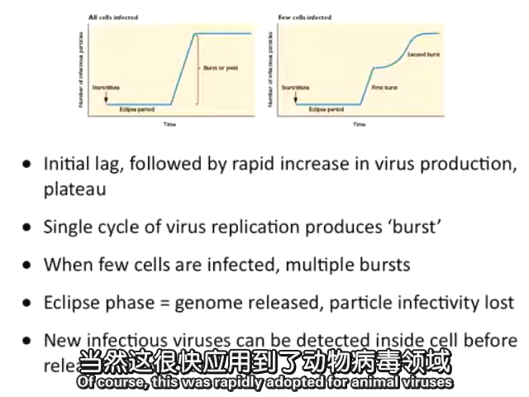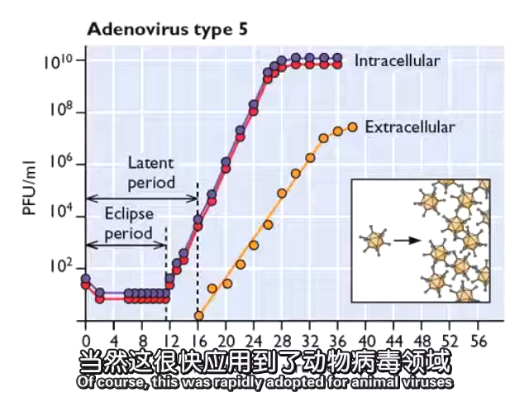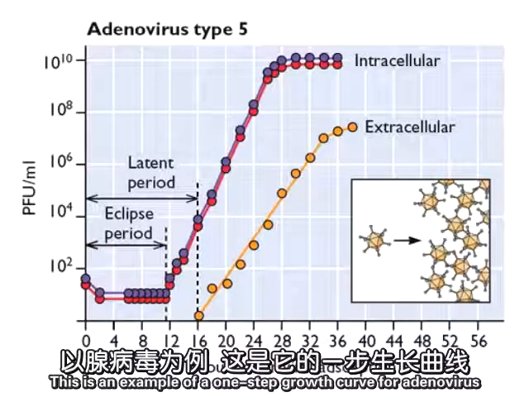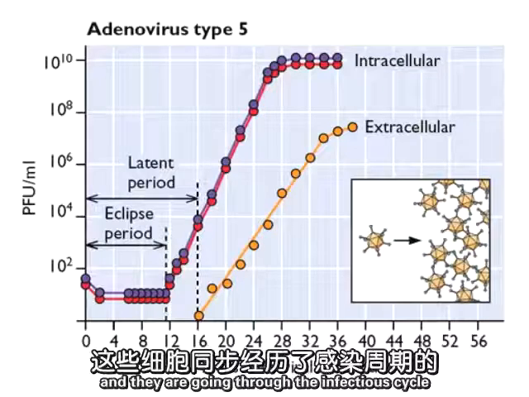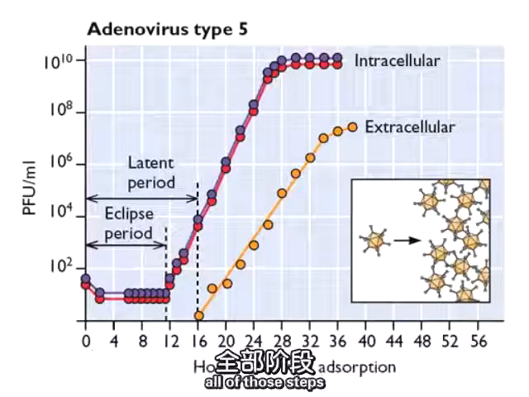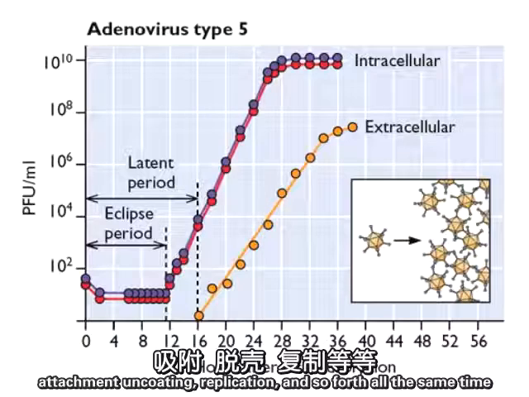Now, of course, this was rapidly adopted for animal viruses, and this is an example of a one-step growth curve for adenovirus. One step, again, because all the cells are infected, and they're going through the infectious cycle, all of those steps, attachment, uncoating, replication, and so forth, all at the same time.